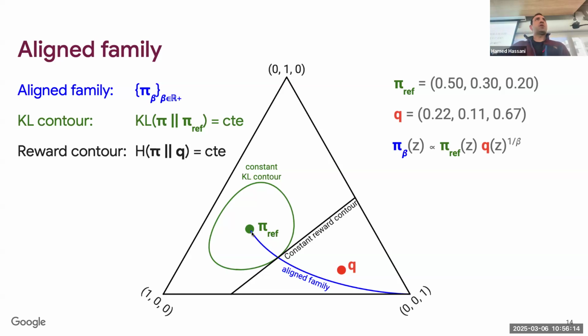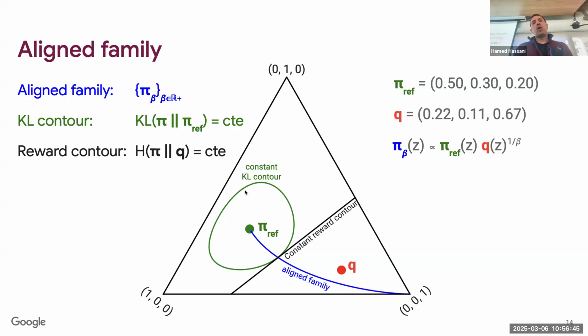If the KL regularizer has infinite strength, we have to stay at the reference model. If the KL regularizer has no strength, we're going to try to maximize reward, and by maximizing reward, we're only going to generate 2. We're not going to generate 0 or 1. We're going to put all of the weight of the language model on 2, and that's the degenerate solution at the corner of this probability simplex.